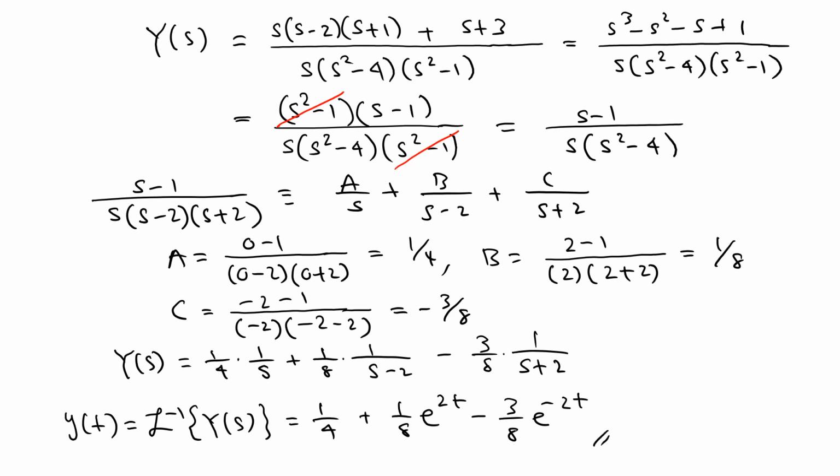So that is the answer for the third order differential equation with some non-zero initial conditions. The only lengthy process is that you need to factor, as you have the extra factor in the denominator.